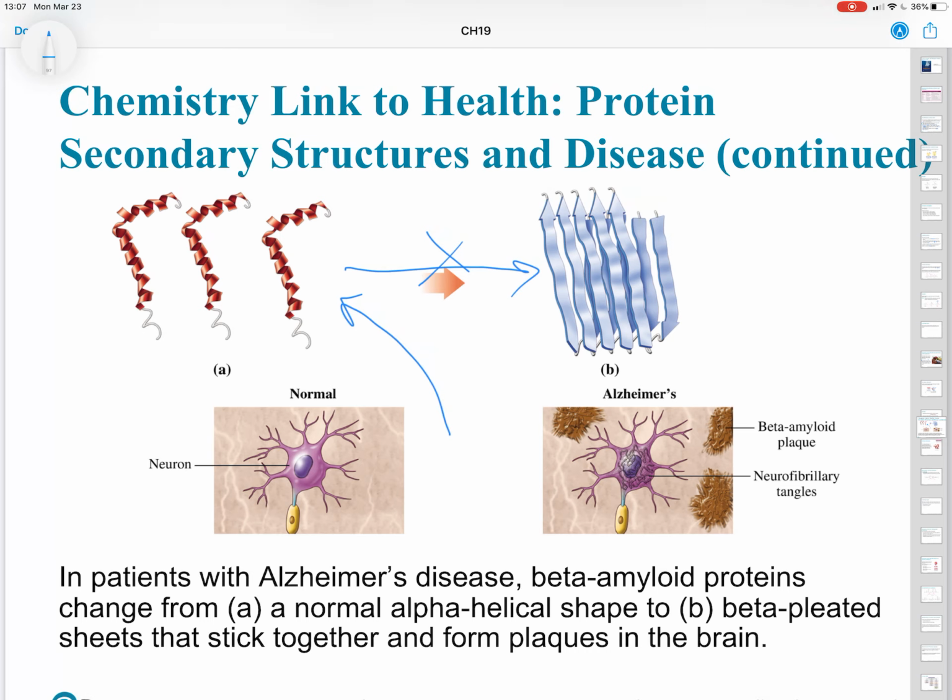It turns out though it's not that simple. If you inhibit it, this protein is actually doing a job. The job is not meant to be clumped together, but it's meant to do something else. And if it's not being formed, that leads to other problems. So it's a complicated picture to try to figure out what to fix and how to change it and kind of cure this disease.